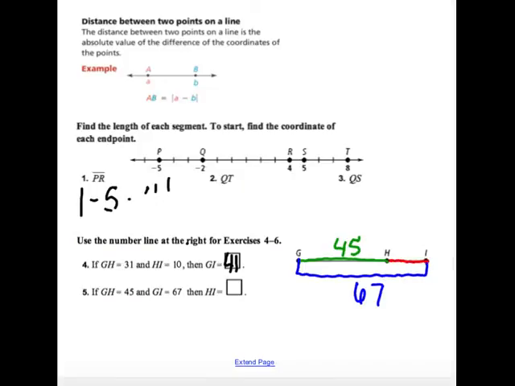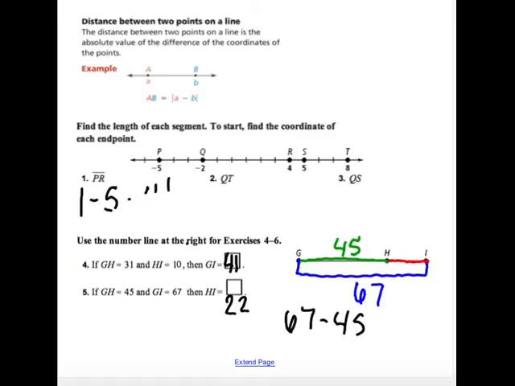That's what I'm looking for. Well, if the whole thing is 67 and I know there's a chunk that's 45, all I have to do is subtract. So if I take 67 minus 45, what I'm left with should be what HI is. And that number is 22. Right outside the box, otherwise you're not going to be able to see it.